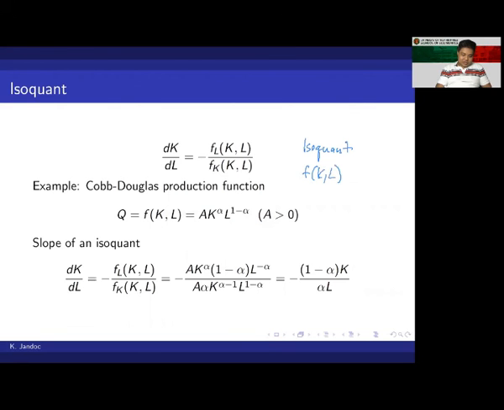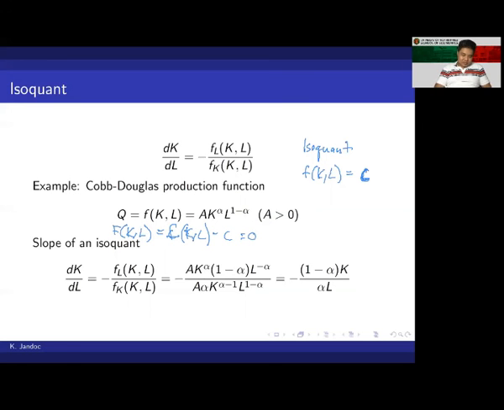Let's call that output level C. So we can transform it into an implicit function, big F(K, L) minus C equals 0.